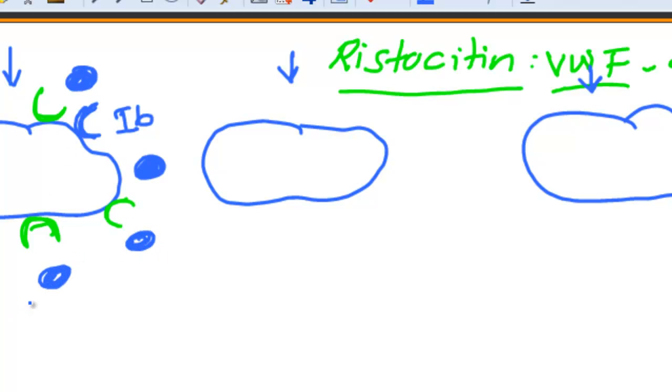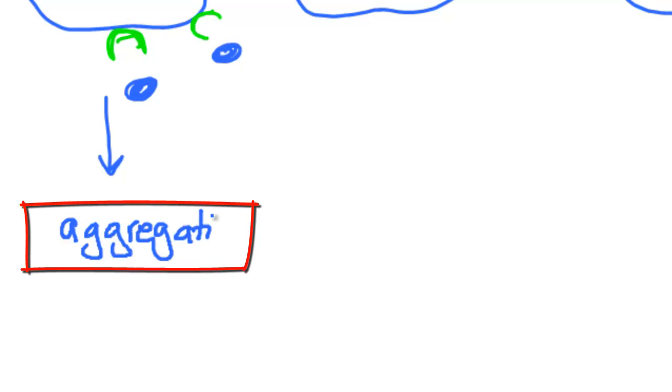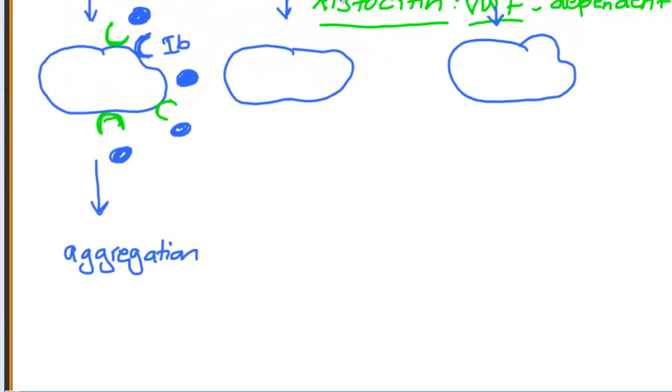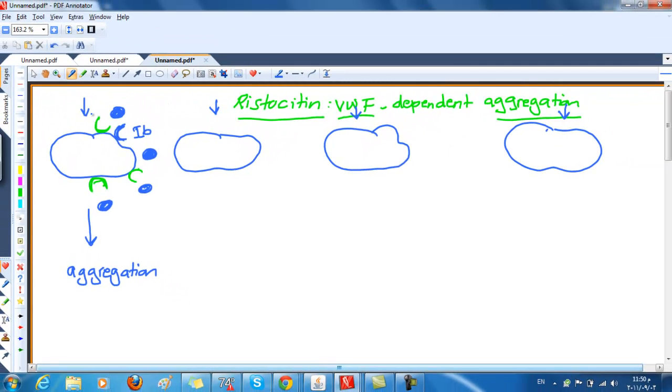So as a result of this, there will be aggregation. This is the rule: aggregation is dependent on von Willebrand factor. This is Ristocetin, a molecule added to platelets. If you have von Willebrand factor, you will have aggregation.